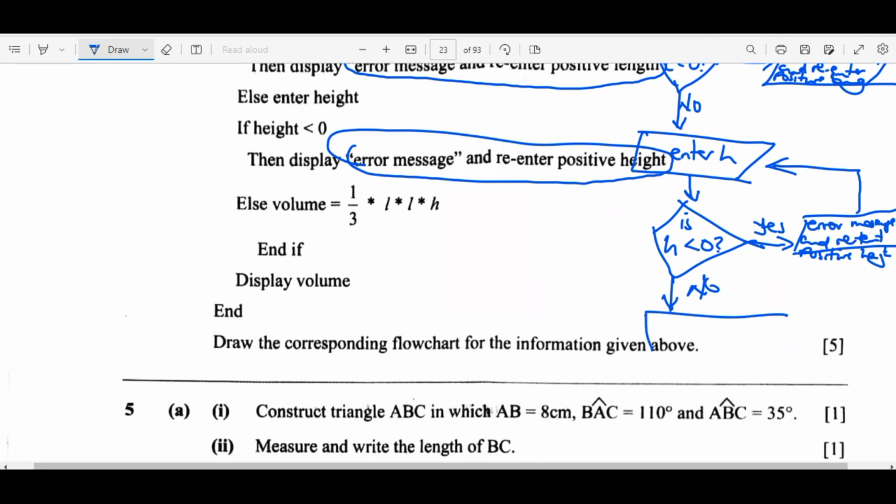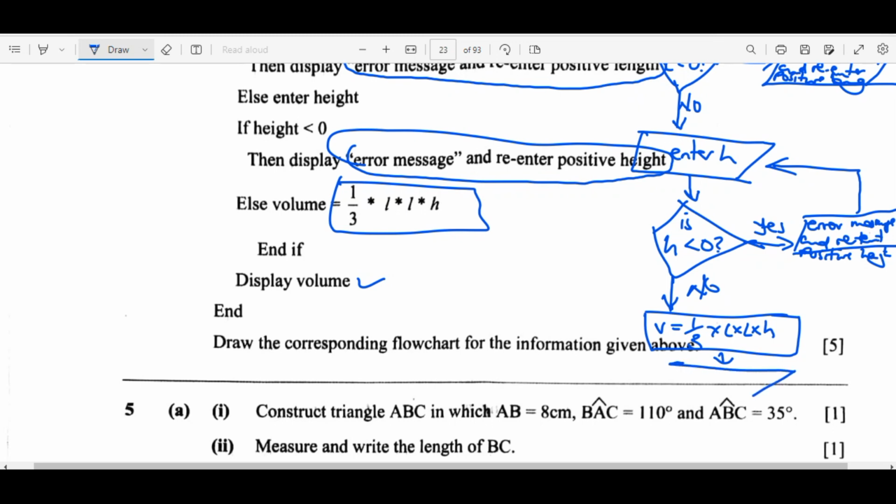A rectangle is used now for the formula which is given. So you copy the formula which has been given. The formula is V is equal to 1/3 times L times H. And then display volume. When they say display volume, we know that we are using this shape.